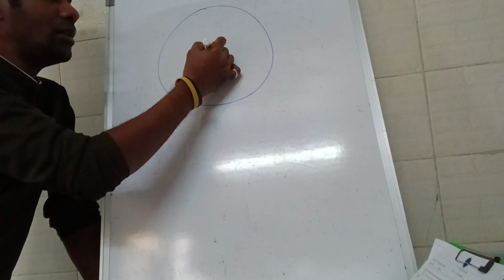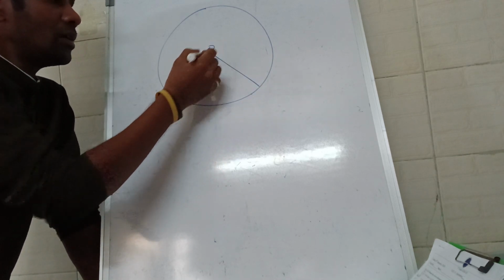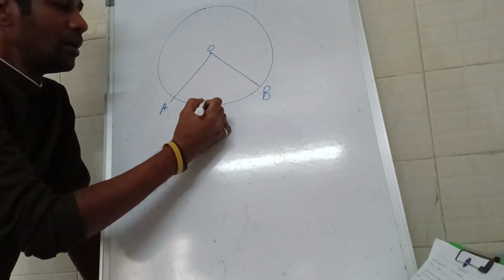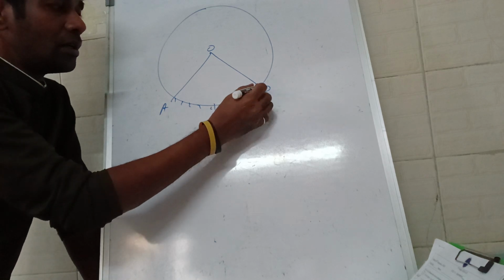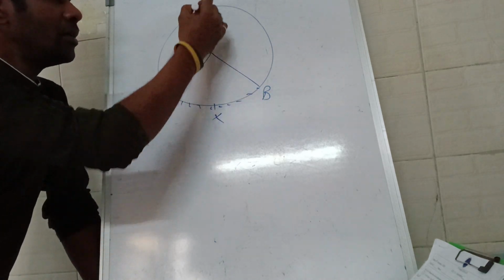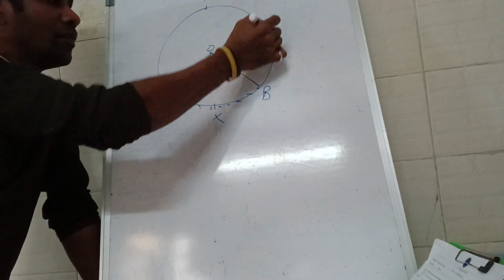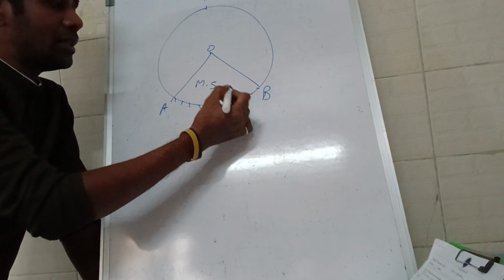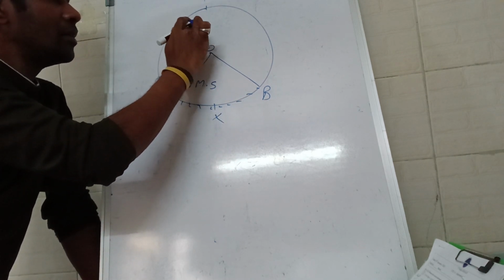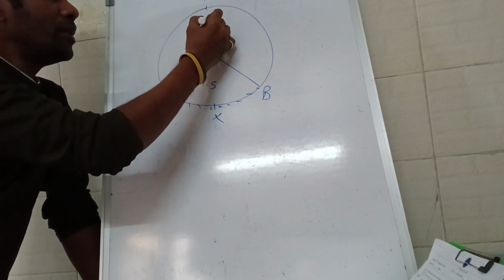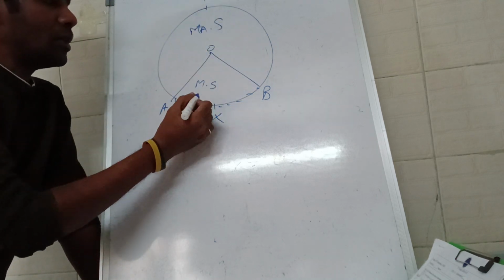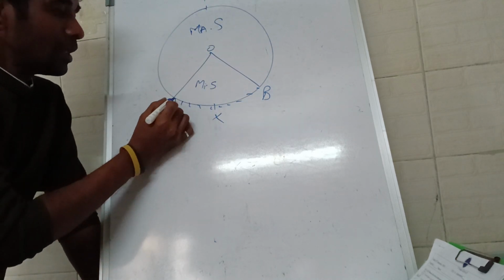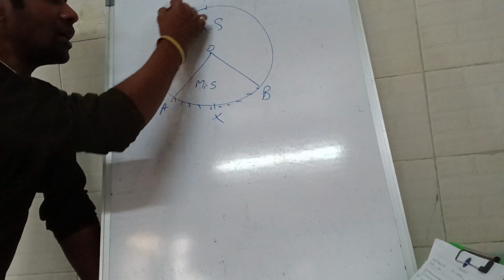If I have a circle, center O, A, this arc is AXB and this is arc AYB. This is the minor sector and this is the major sector. This is the minor arc and this arc is the major arc.